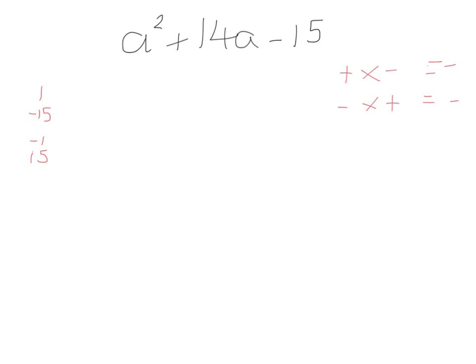Although in these examples with a unitary coefficient, like if the number in front of here is just 1, you don't need to write them in both ways, like 1 and minus 15, minus 1 and 15. But when we go into factorising trinomials with, for example, a 2 here or a 3 here, it's better to list all of them now to set in good practice for later.